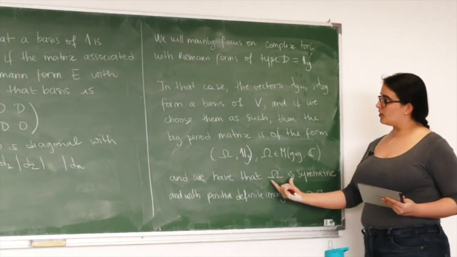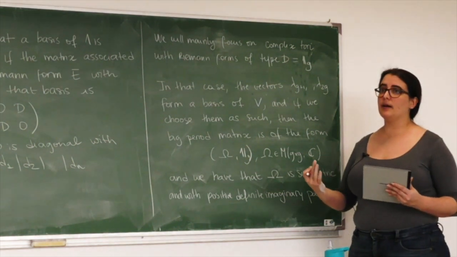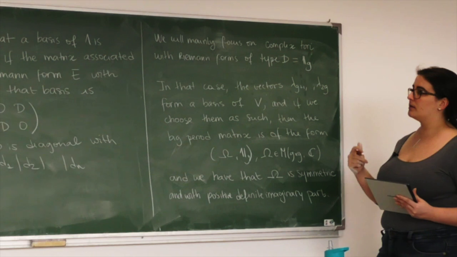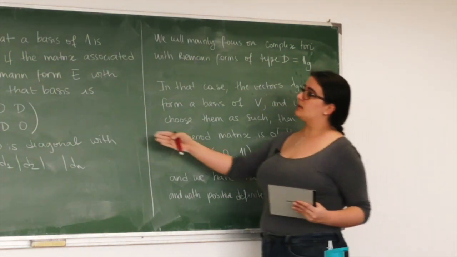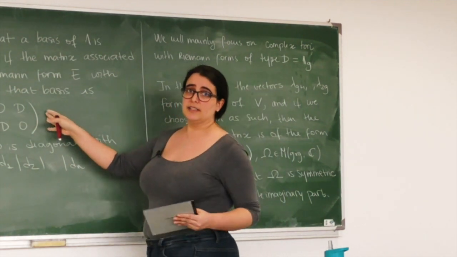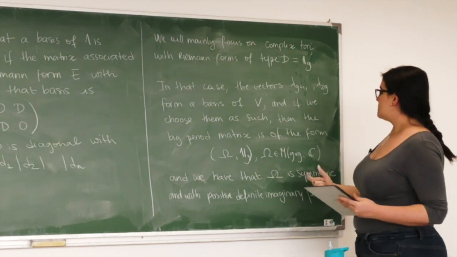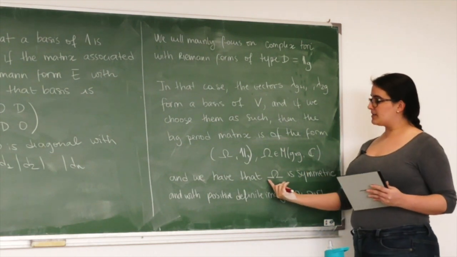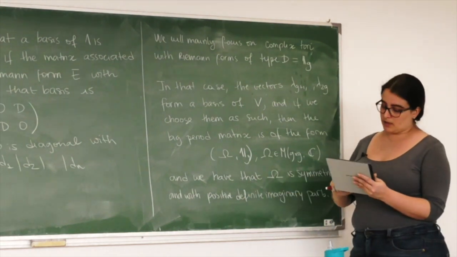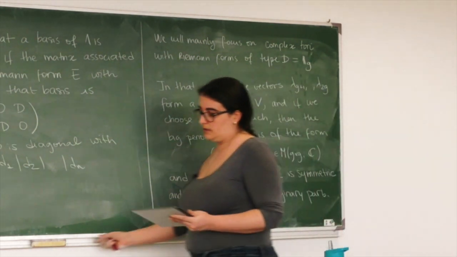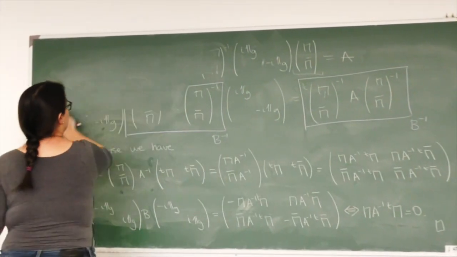These two conditions on omega actually come from the Riemann relations. I invite you to take them and see what happens in the case where the period matrix is of this shape and the Riemann form is given by this matrix with D equal to the identity. And you will see that exactly what it gives you is that this matrix omega has to be symmetric and with positive definite imaginary part. And so let's give a name to this period matrix.